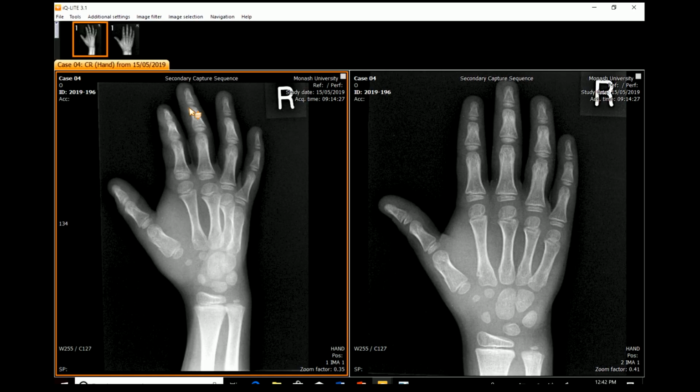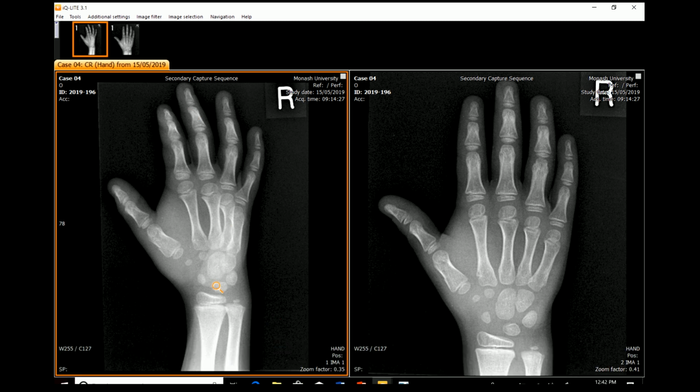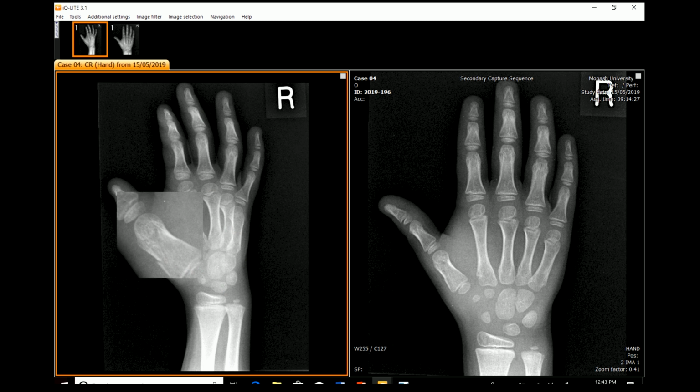So for case 4, we have a young child who fell on the playground and now has a painful right hand. So then zooming in, we can see that there is a break in the cortex of the first metacarpal.